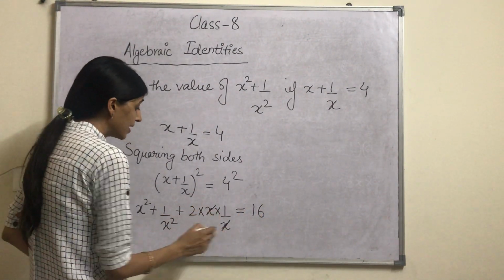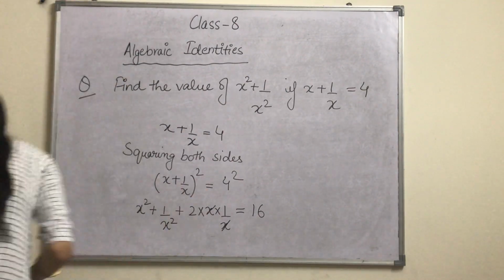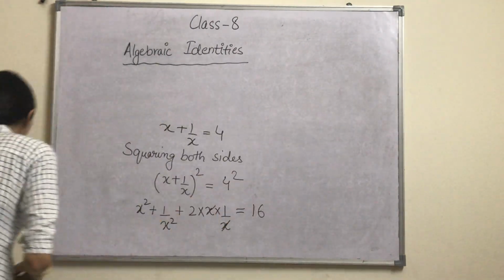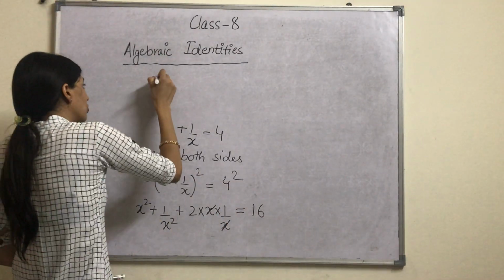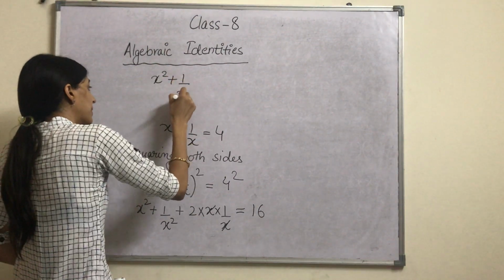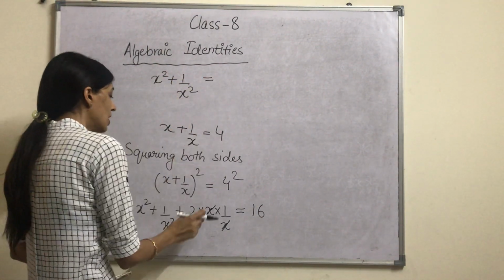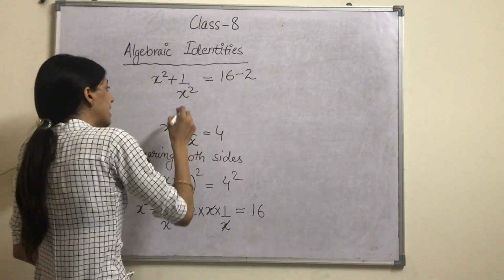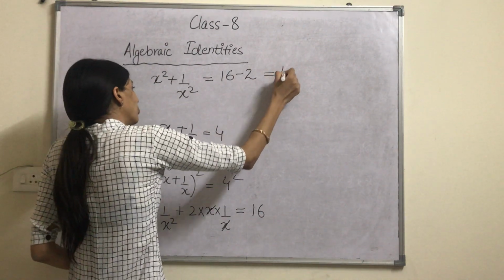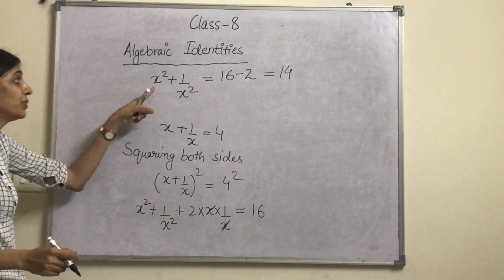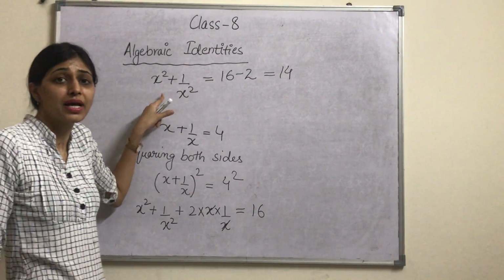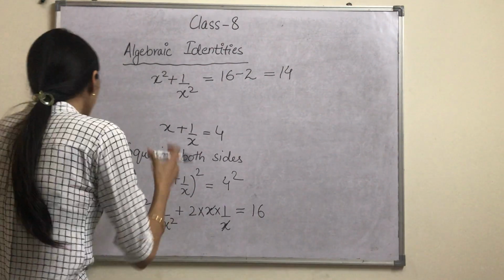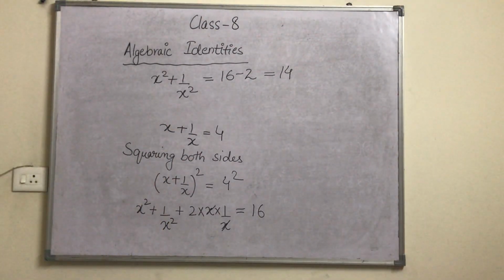This cuts down with this and this comes out to be x square plus 1 by x square is equal to, this 2 from the left hand side goes to the right hand side and becomes negative. So the value comes out to be 14. So we had to find the value of x square plus 1 by x square and this comes out to be 14. So in this way you can solve the question.